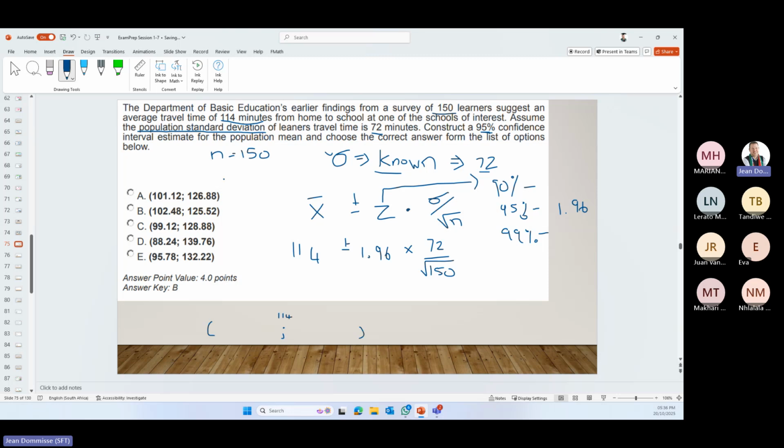So you can always check afterwards that if you add those two together and divide by 2, you get 114.